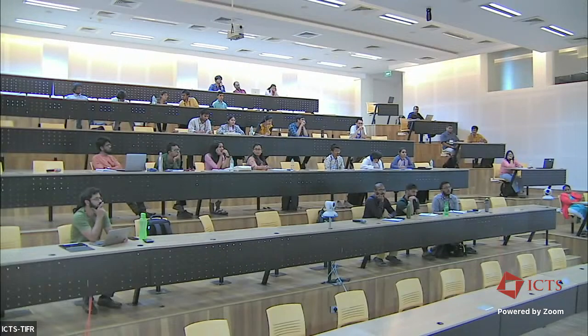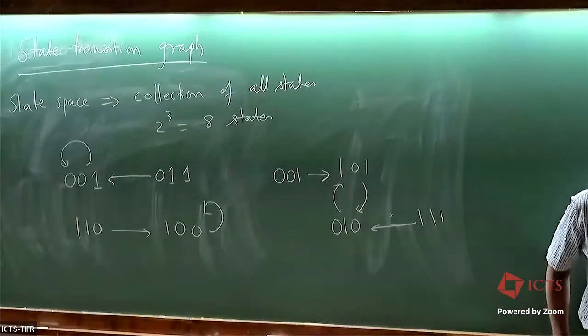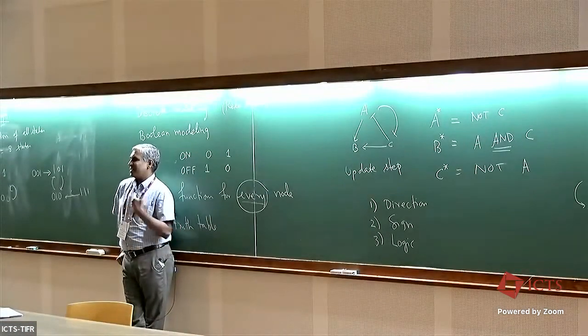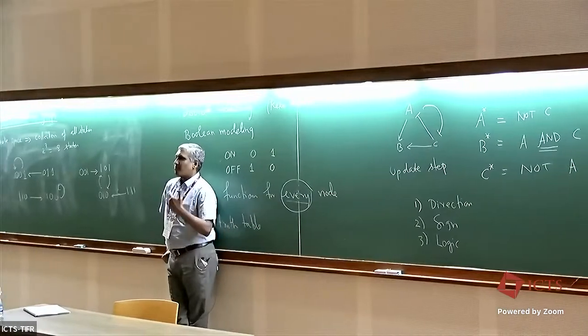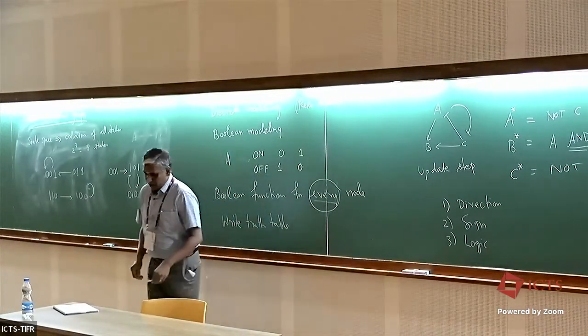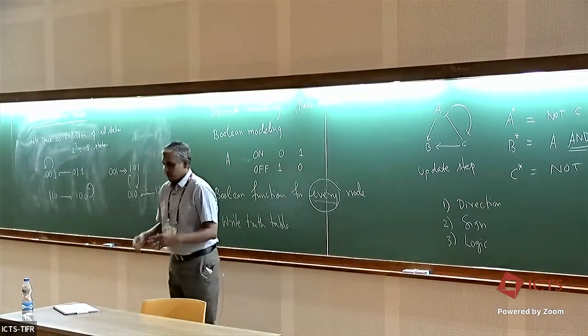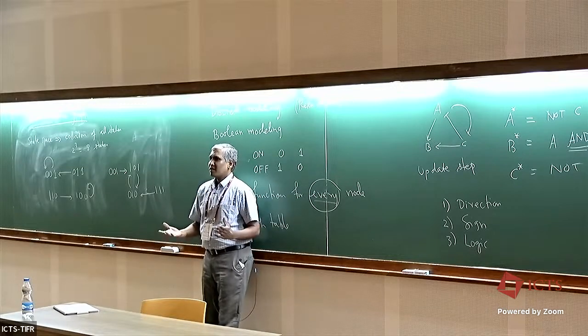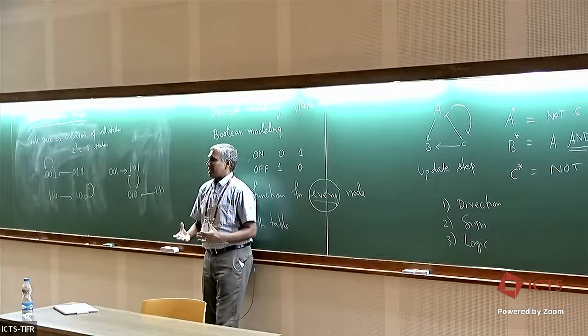See, the time notion in Boolean, maybe I should touch upon that a little bit. The time notion in the Boolean sense is essentially a pseudo time. The way you can relate it to a real system is, suppose I have a cell and I start with certain levels of protein in the cell.